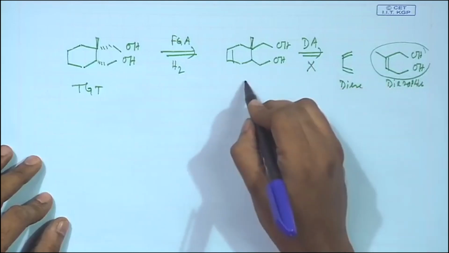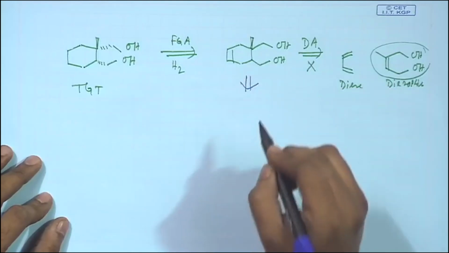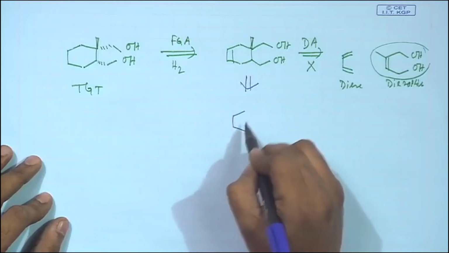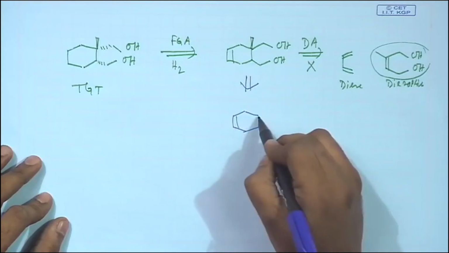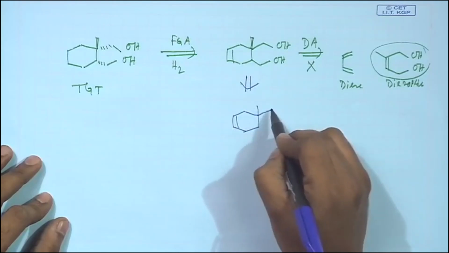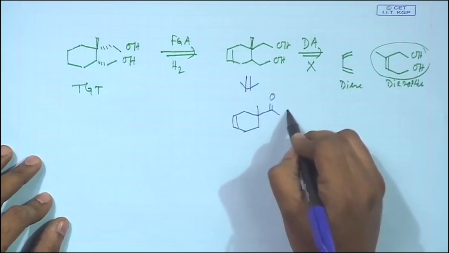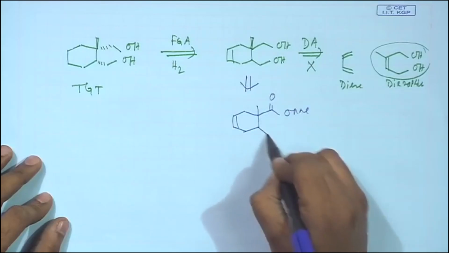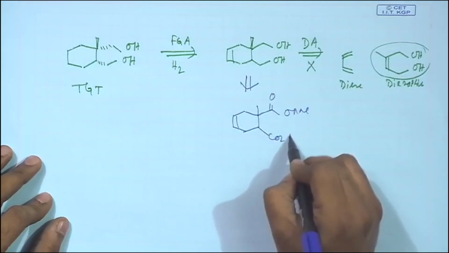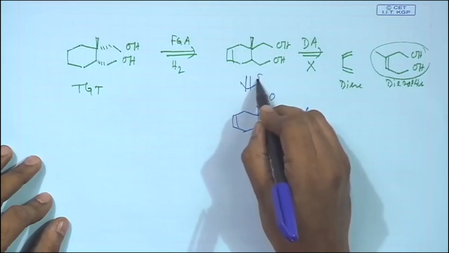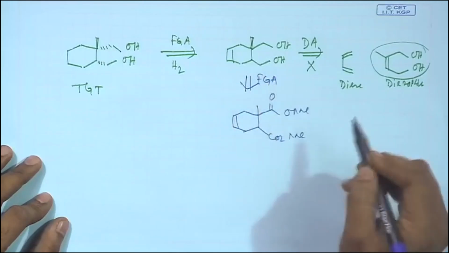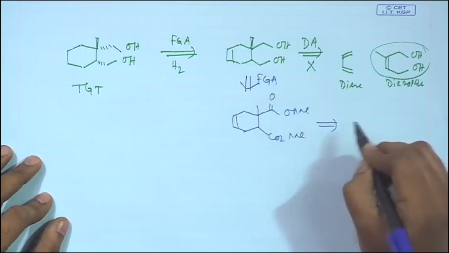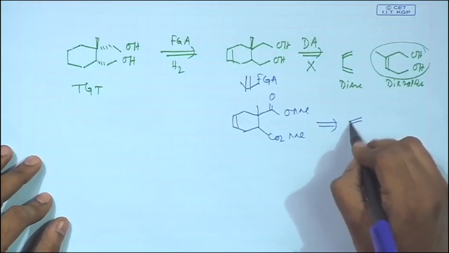On the contrary, if you have another route which will basically give you this ester group at a later stage, I mean you can just do a FGA by a reductive method, then you can fit it into the Diels-Alder pathway.